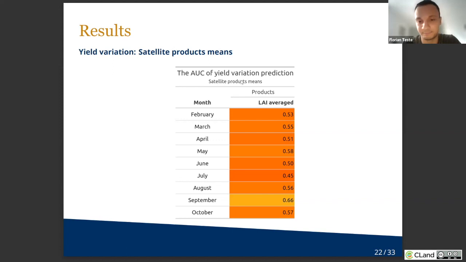That means that with the mean of the leaf area index, you cannot predict the yield variation because the score is extremely low. And overall, all the scores are extremely low. We cannot make any good prediction with the LAI means.